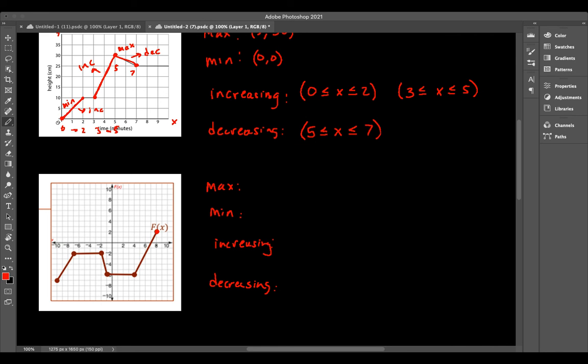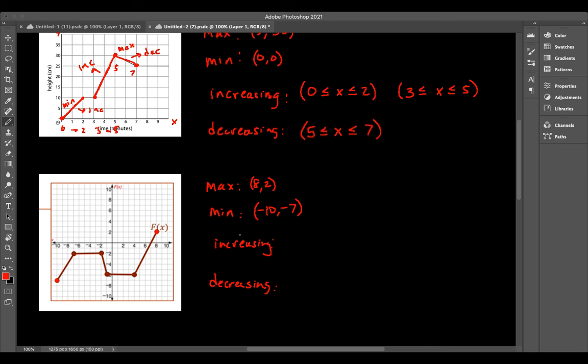I'm just going to write the coordinate point to make it easier. This is 8, 2. That'll be the coordinate point for the max. The minimum is the lowest point, which would be right here. Okay, so that's -10, and this is -7. So that would be -10, -7 would be the minimum point.